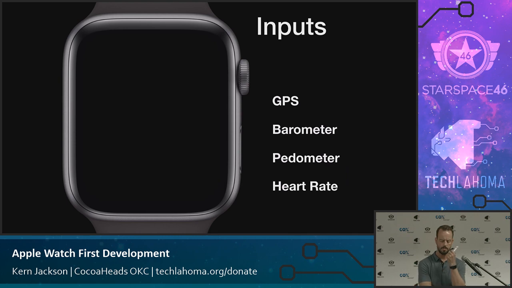As far as inputs for the device, I think this is where it really starts to get interesting on Apple Watch. We have some cool stuff like GPS, the barometer, the pedometer, and then of course the heart rate. All great stuff, especially if we're doing a workout app. We need that stuff. We can also track any number of taps. I really think a single tap.